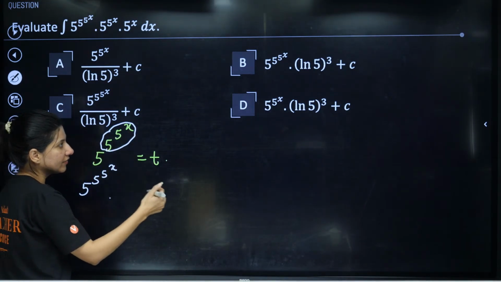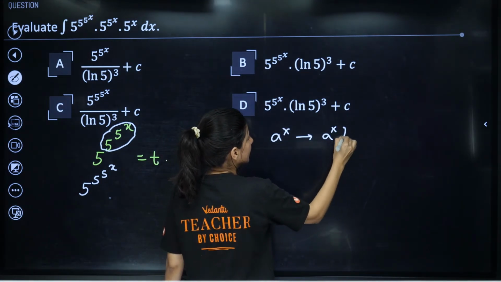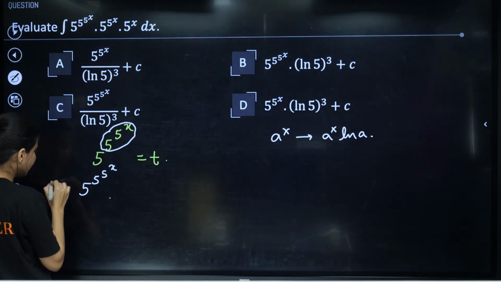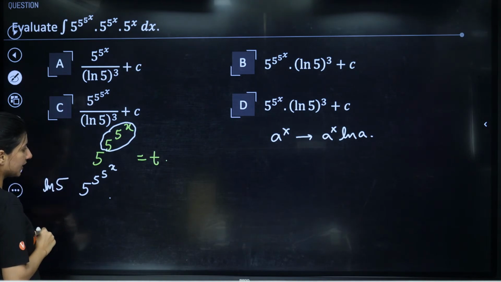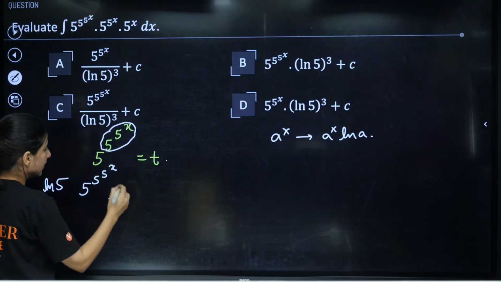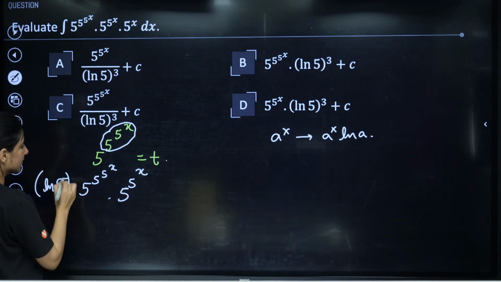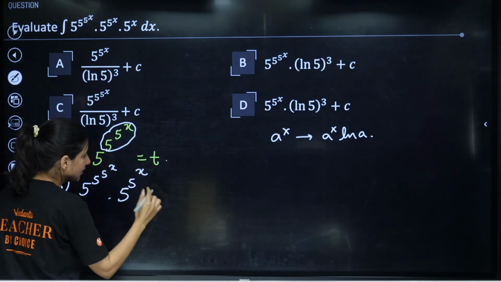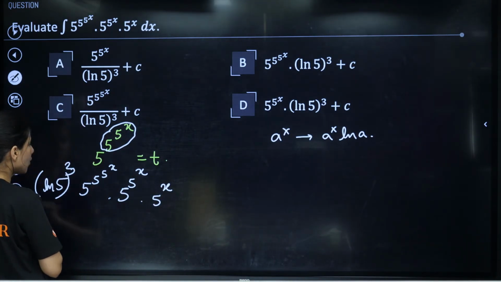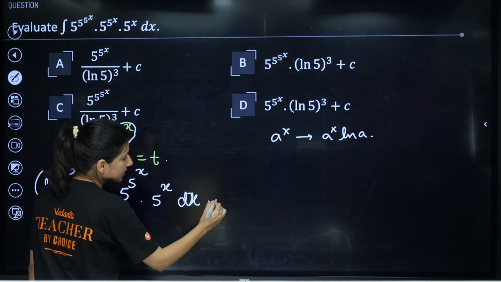So this is going to be log of 5. Now differentiate this by chain rule: 5 raised to power 5 raised to power x, one more time log 5. Now differentiate 5 raised to power x. So this is going to be 5 raised to power x and one more log 5. Now differentiate x. That is going to be 1, or dx, that is going to be dt.